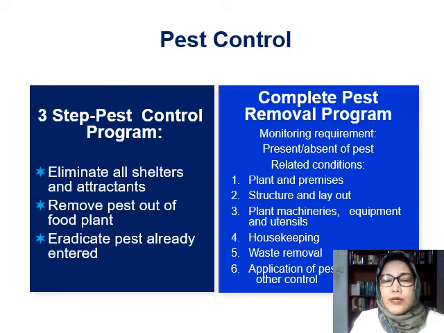You can also have a complete pest removal program, which requires monitoring the presence and absence of pests and monitoring all of the related conditions such as plant and premises, structure and layout, plant, machineries, equipment and utensil, housekeeping, waste removal, and application of pesticides.